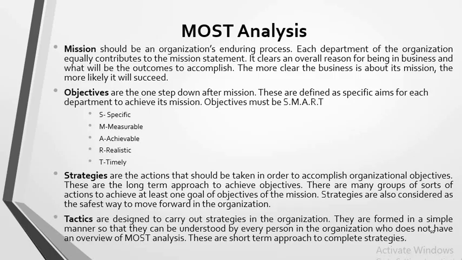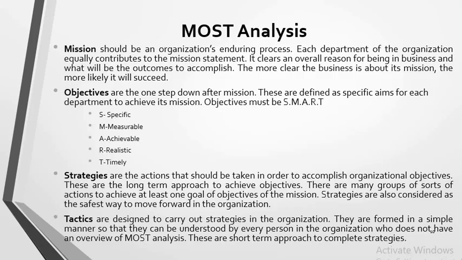Like every organization has only one mission that he or she, the entrepreneur, wants to achieve, or for that reason he became an entrepreneur, he became a businessman, and it clears an overall reason for being in the business and what will be the outcome to accomplish.